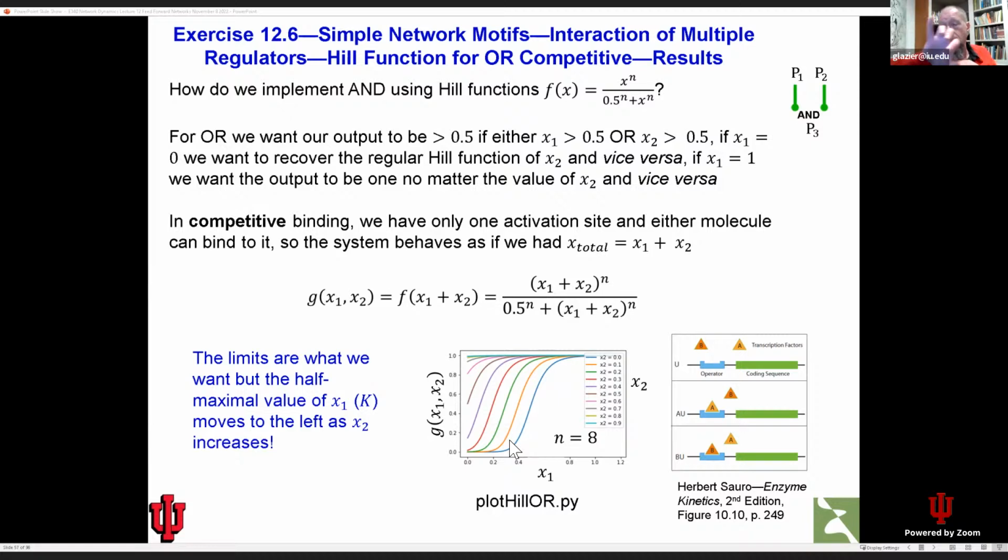If you increase x1, it shifts the hill function for x2 to the right. Herbert's enzyme kinetics actually uses it. This occurs biologically: if either A or B can turn on the gene independently, that works.